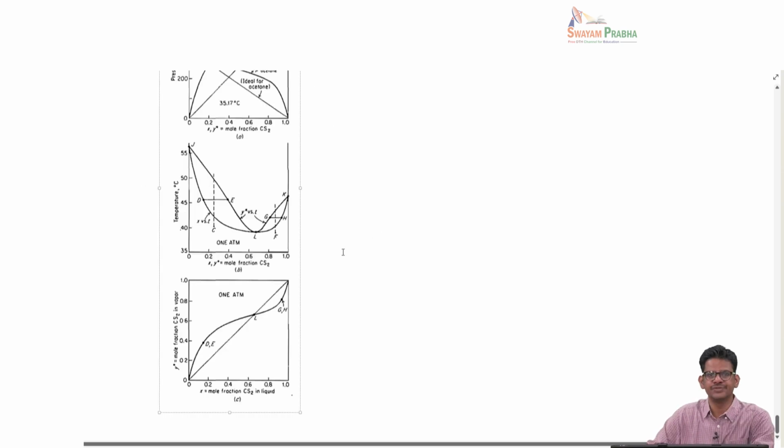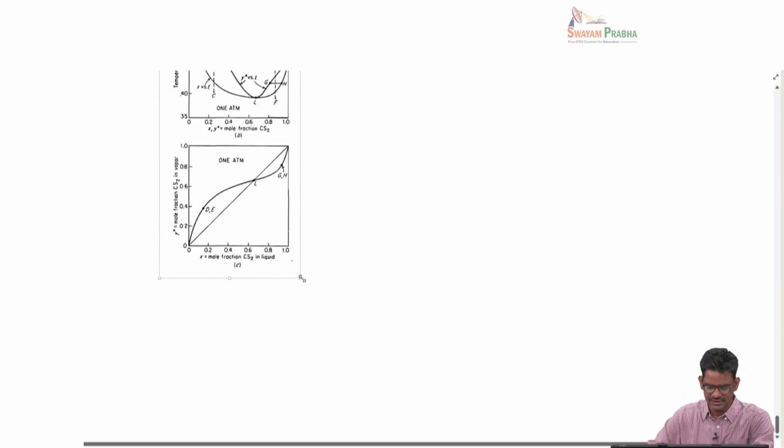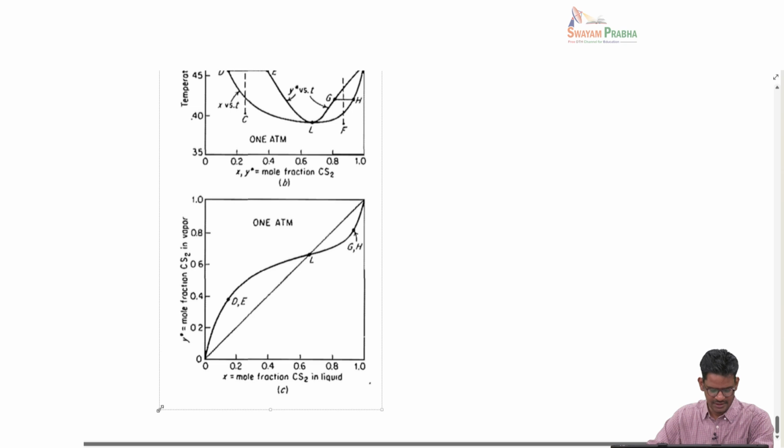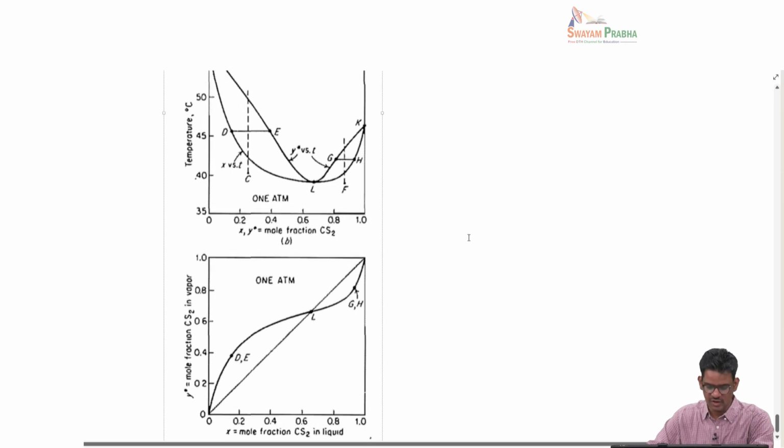We have also seen something like this in the previous lectures, where in some binary mixtures we have what is called deviation from Raoult's law or non-ideal systems. So what is shown on the top is the TXY diagram, and at the bottom we see the XY diagram of a two component system.